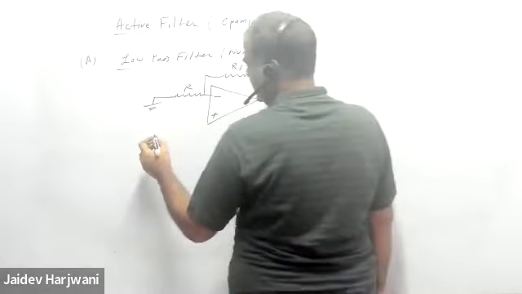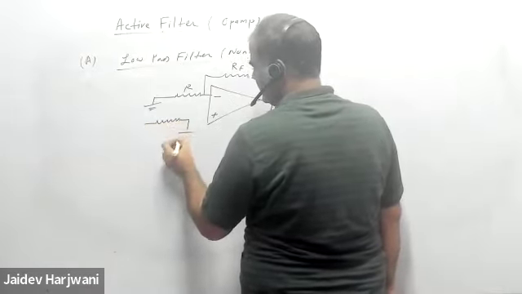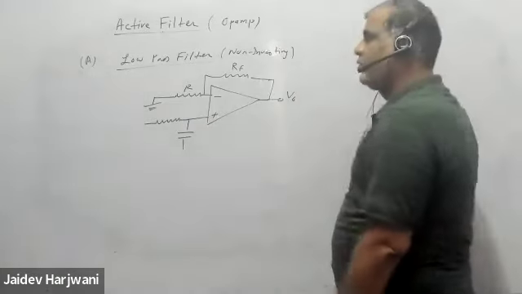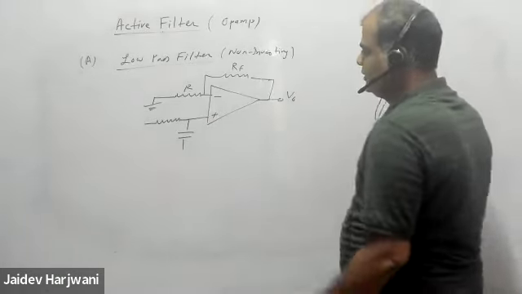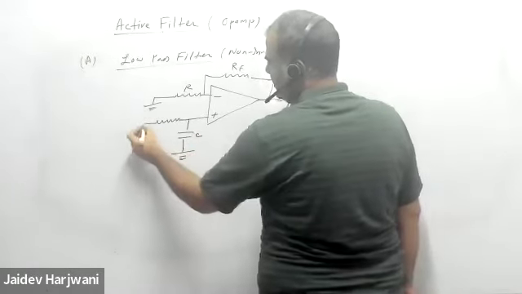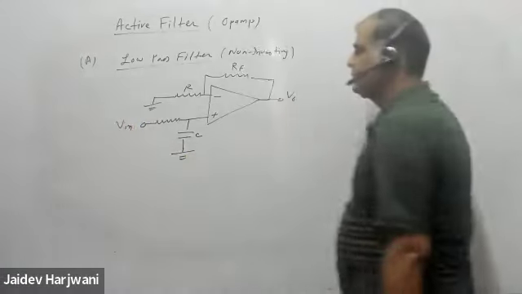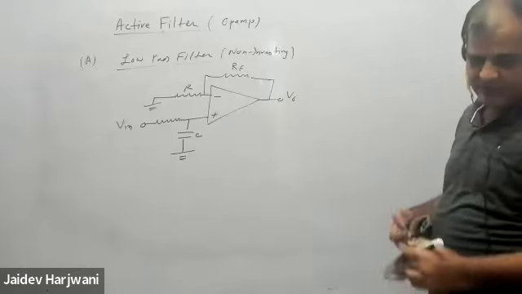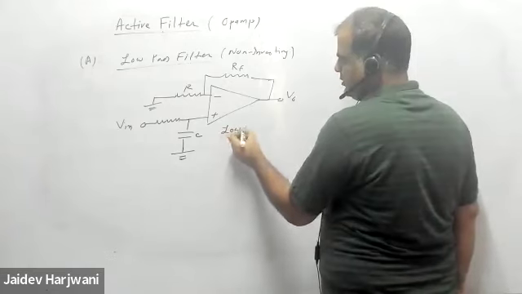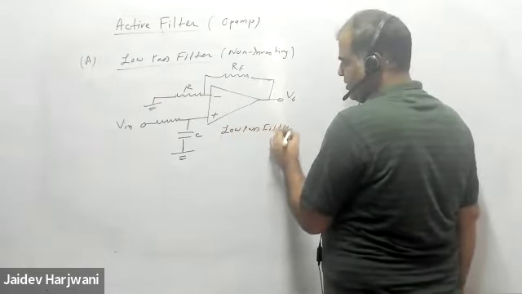Now I am giving input here, and here one resistance is there. Okay, so this is grounded, and here I'm giving some V input. So this circuit will work as a low pass filter.